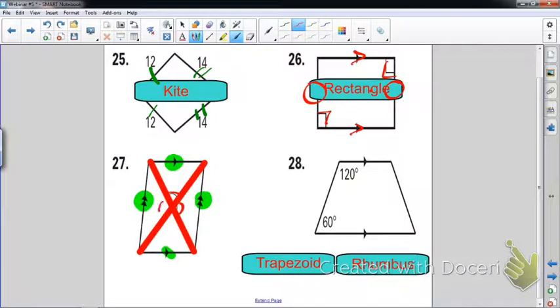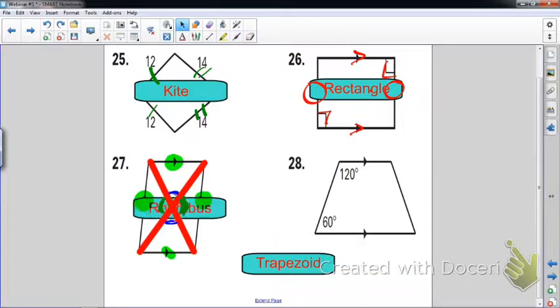So we have vertical angles, and then because we have vertical angles, as you can see, let me put it in a different color maybe. These two will be congruent, and then these two would be congruent. We know they're supplementary, they create 90s, and that will help us because then we can call it a rhombus.